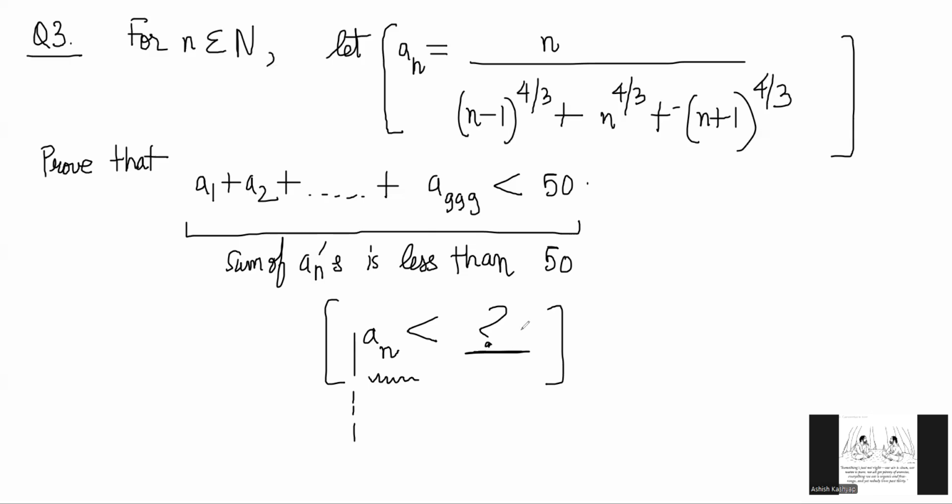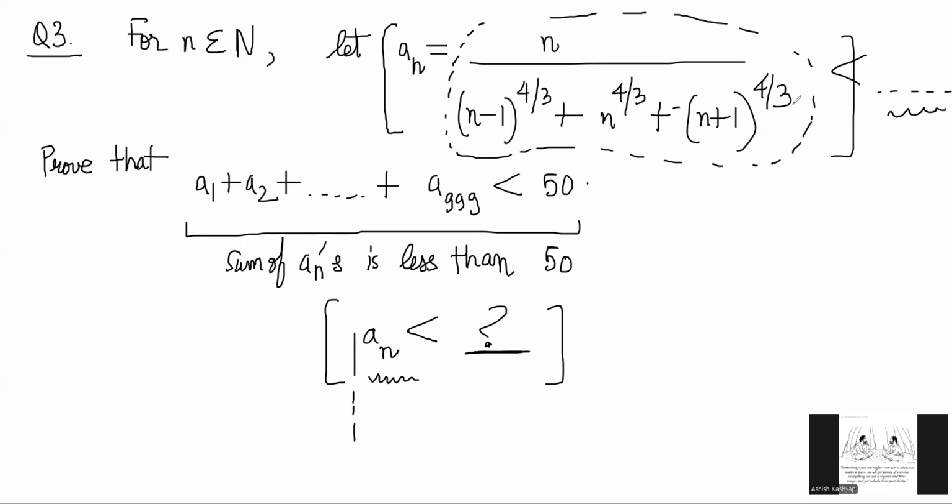a_n is less than something. Basically, I want to enlarge my term here. This is less than something bigger. And if I can do that, then maybe I can proceed with the question. So this technique is sometimes called lessening or enlarging the terms before we prove an inequality.